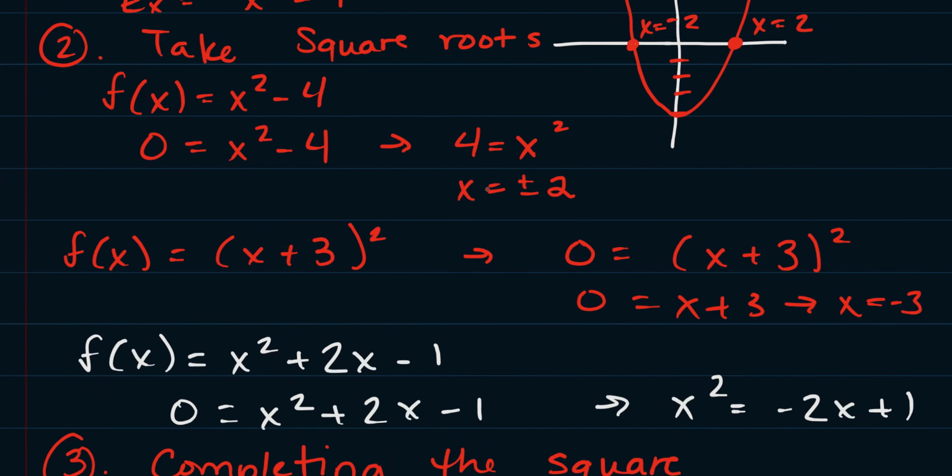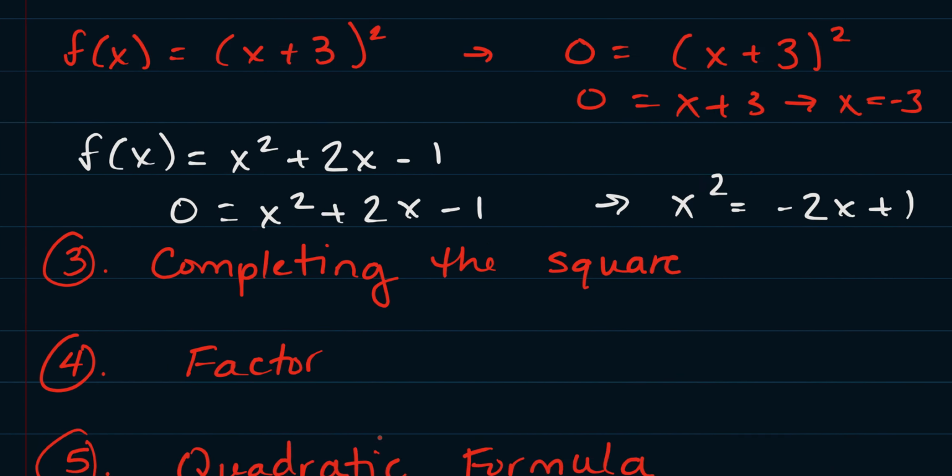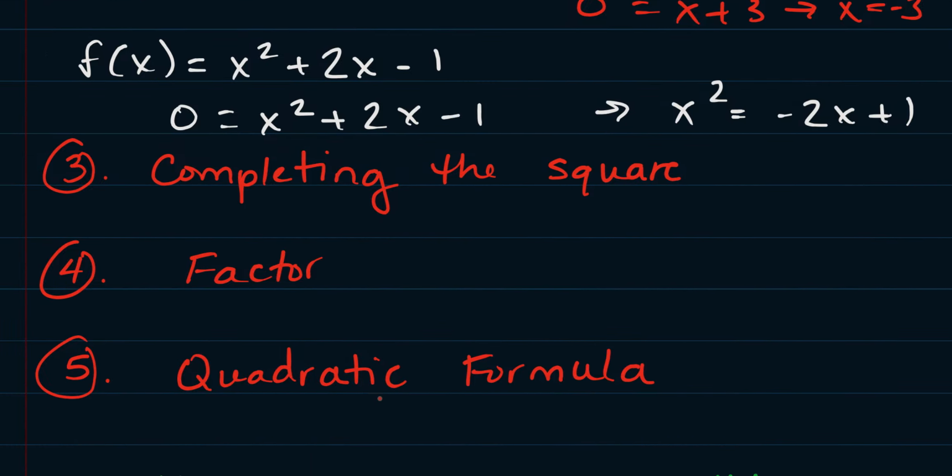We're going to take square roots, we're going to complete the square, we're going to factor, and we're going to use the quadratic formula. And then the idea is when you see a problem on your homework, you choose the method to find your x-intercepts that works best for you. You think that's going to go well with the problem you have. Okay, so again, we'll talk about all of this, and we'll see plenty of examples.